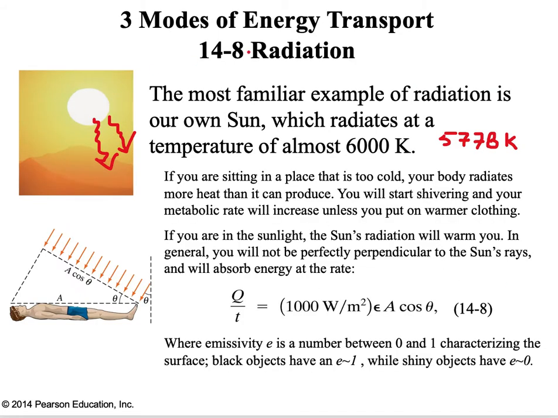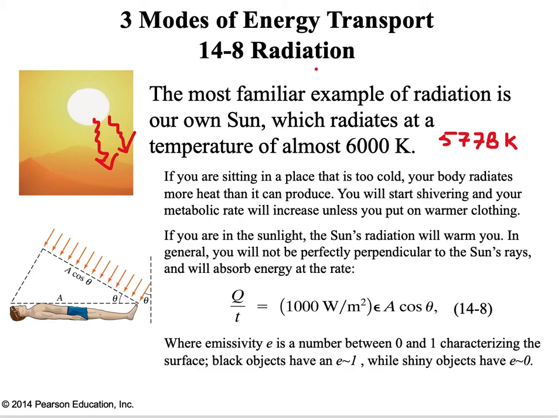So let's look at the third form of energy transport, radiation. You're most familiar with the sun as our example of radiation. If you go stand outside and stick your arms out on a bright sunny day, you can feel the heat coming from the sun. That is an example of energy transport by radiation.